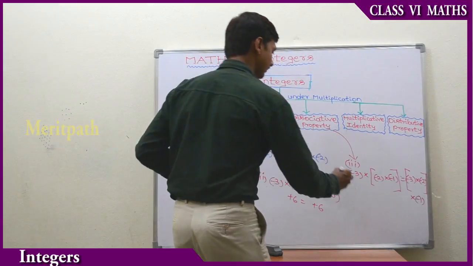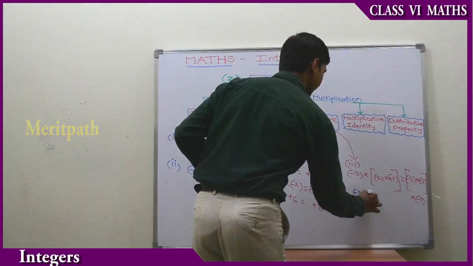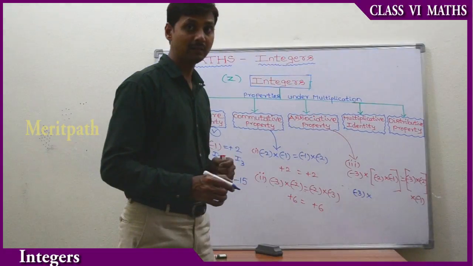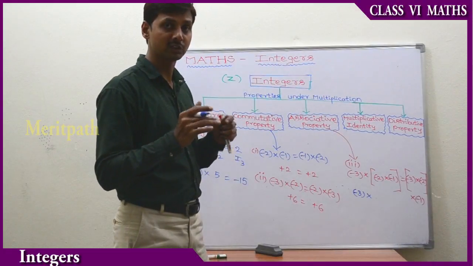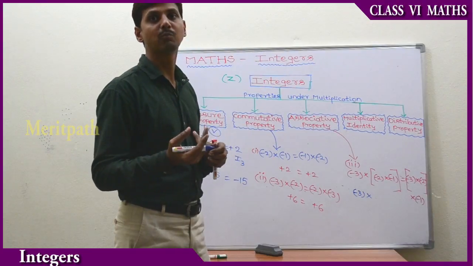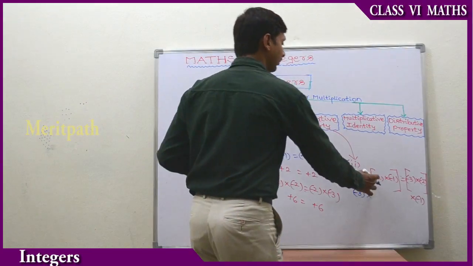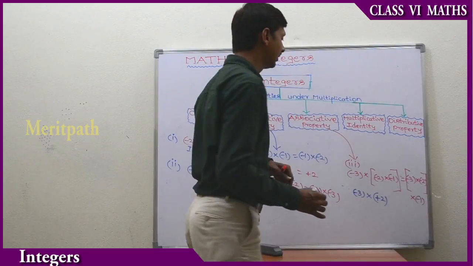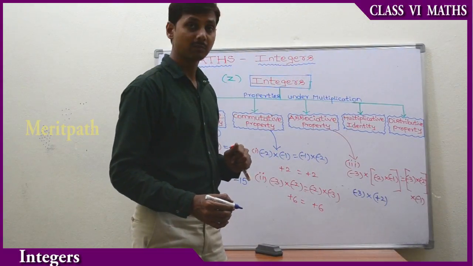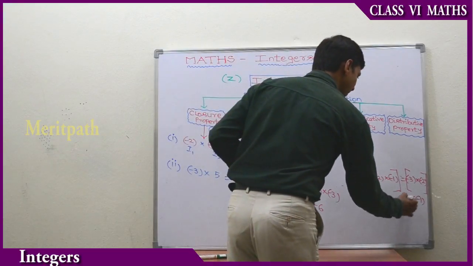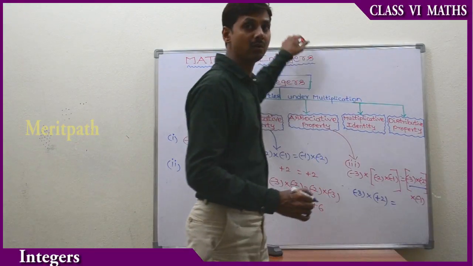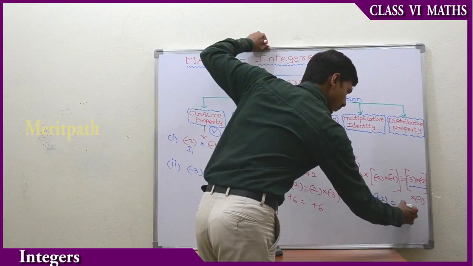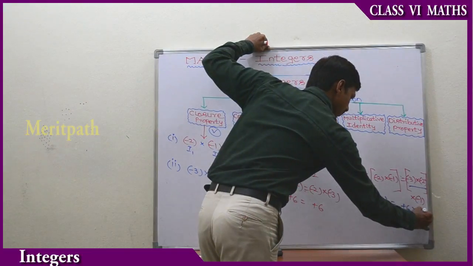Minus 3 we write as it is, into minus 2 into minus 1. We multiply what is in the brackets first using the BODMAS rule. Let's multiply these two. We get plus 2 because minus into minus is plus. Then on the other side, minus 3 into minus 2 is plus 6, so plus 6 into minus 1.